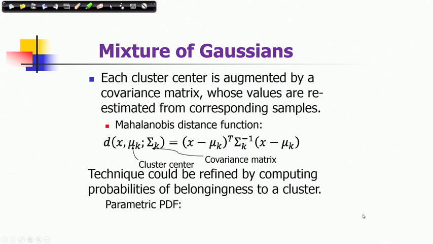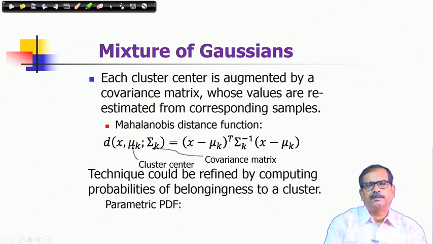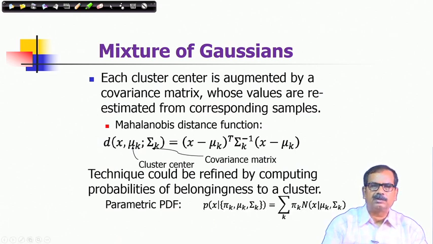So, what is this? This parametric probability density function is described by a mixture of Gaussian distributions. This is the description here. You can see that the probability density function of a data point x is given as a mixture of normal distributions.